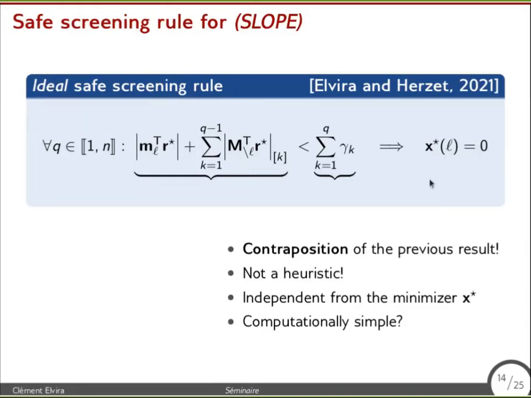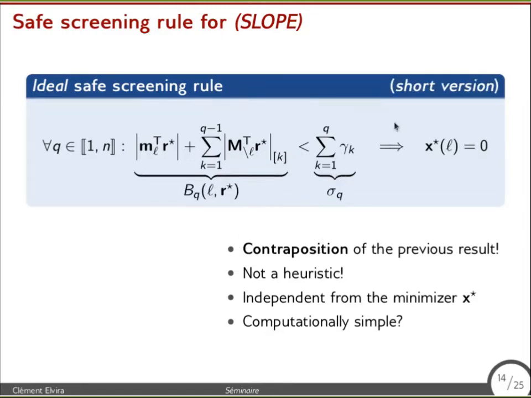Okay, so I insist on the fact that it is not a heuristic. If this condition is fulfilled, then necessarily I have identified a 0, and it seems computationally simple to evaluate if I have access to the solution to the dual problem. So we will discuss it in the next slides.